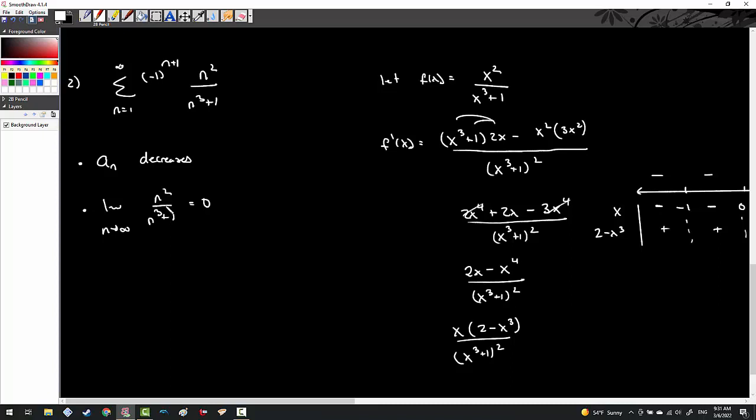The denominator has a larger exponent than the numerator. So then now that I've proven the decreasing and the limit going to 0, I can say therefore by AST, we can say the summation from n equals 1 to infinity of negative 1 to the n plus 1 of n squared over n cubed plus 1 converges. And there you have it.